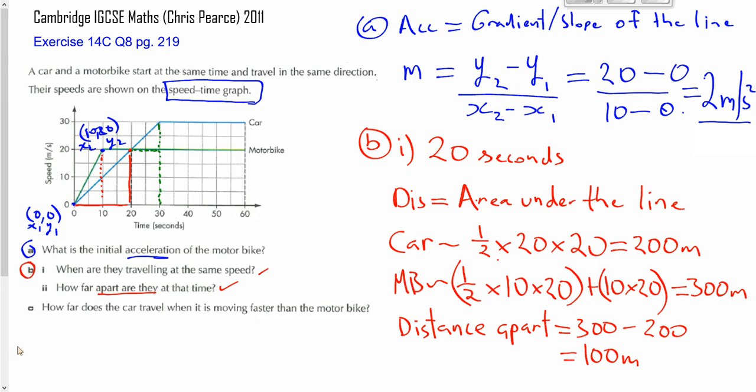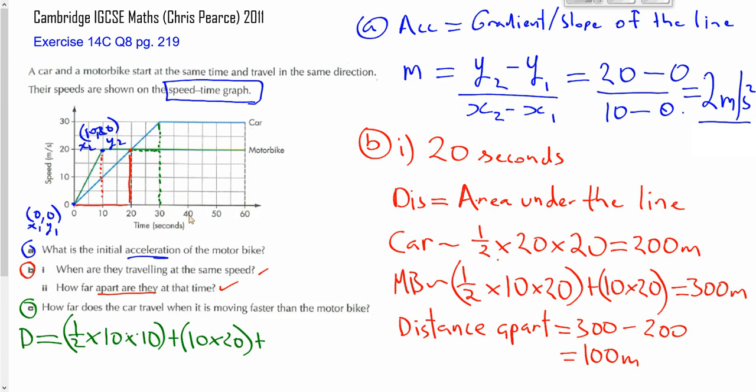So for part C, the distance is going to be equal to the area of the triangle, so that's half times 10 times 10, plus the area of this rectangle here, which is 10 times 20, plus the area of this large square here.